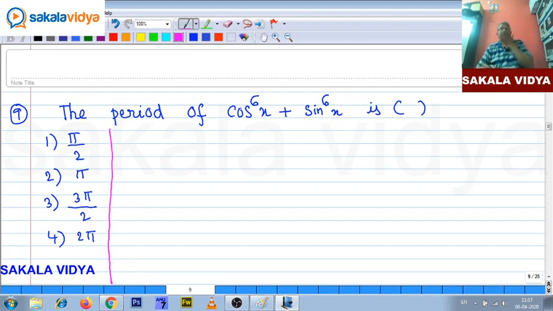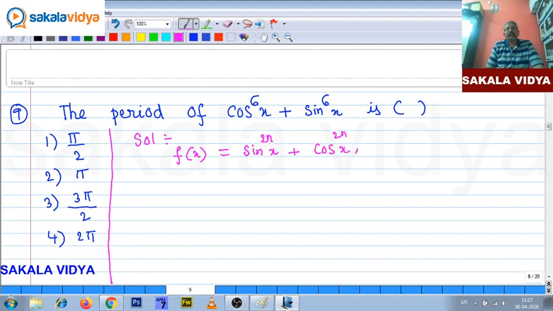So, first option is the right option. Okay. Now the solution. For example, if f of x is equal to sin x to the power of 2n, where 2n is an even number, divisible by 2, and cos x to the power of 2n, where n belongs to positive integers, its period is always pi by 2.